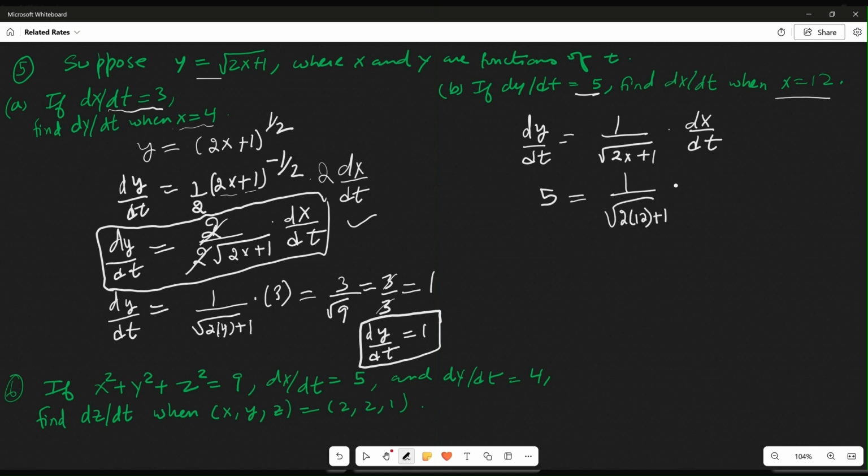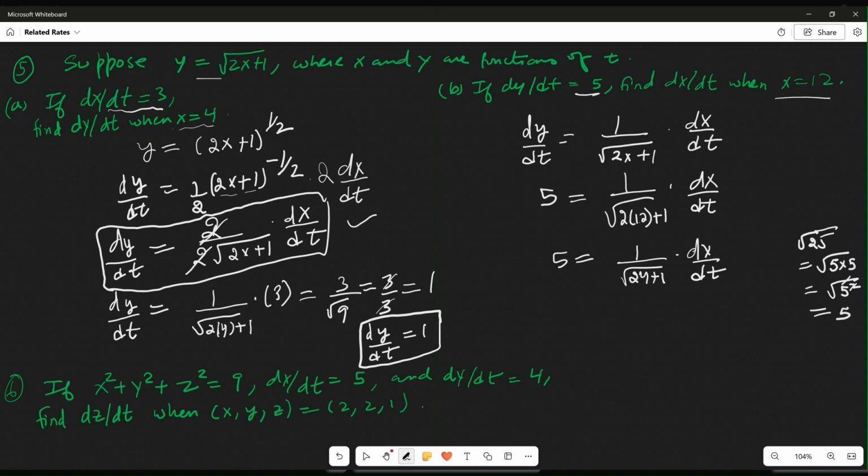We have to find dx over dt, the change in x with respect to time. So what we have is 5 is equal to 1 over the square root of 12 times 2, which is 24, plus 1. So this is 25, right? And the square root of 25 is 5. So we are left with 5.